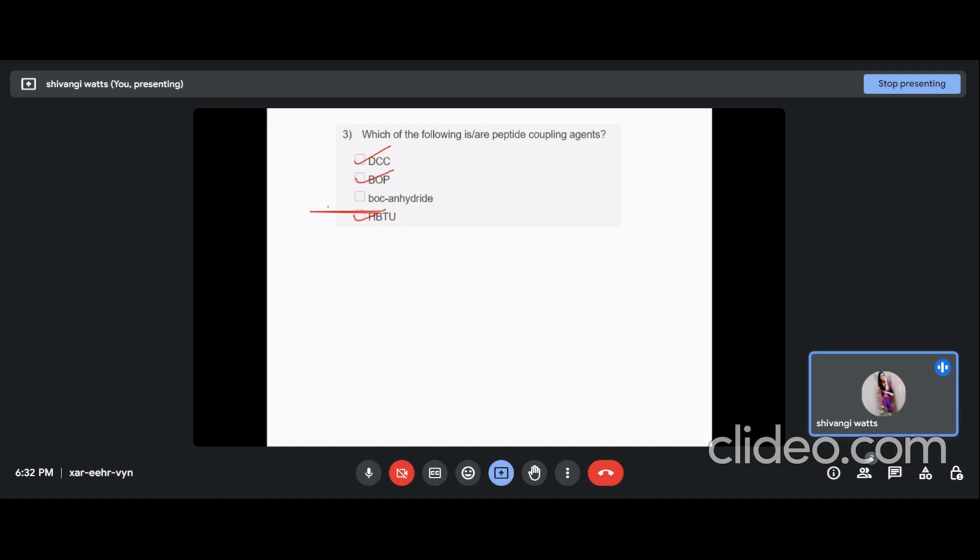So out of these four, DCC, BOP, and HBTU are the coupling agents. If you want to know the mechanism, you can see the mechanism for these also. So DCC, BOP, and HBTU are the peptide coupling agents.